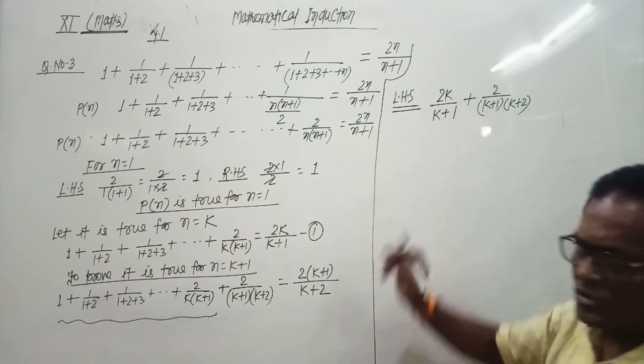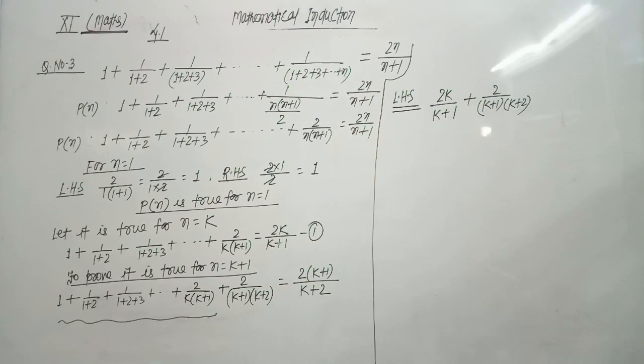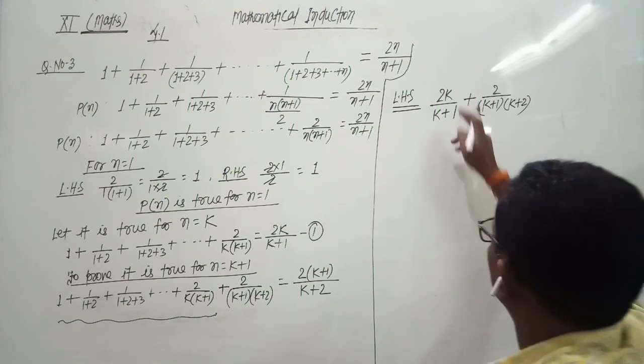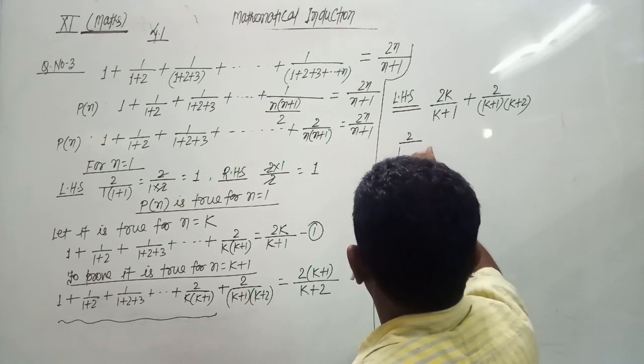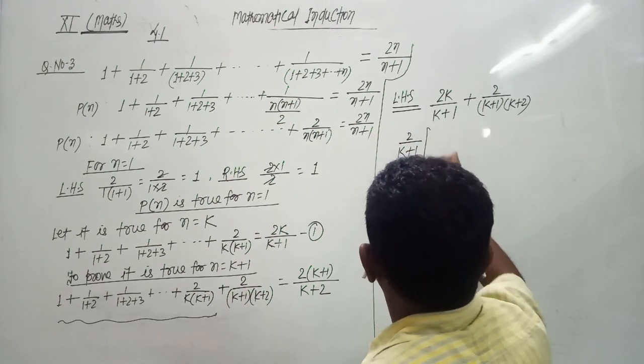And from these two terms, we take common. So 2 upon k plus 1 is the common from both the terms.